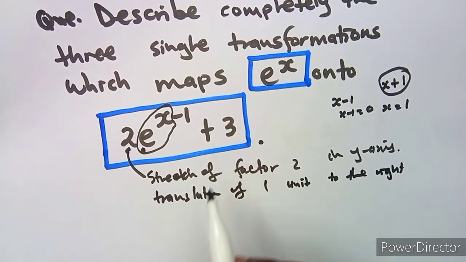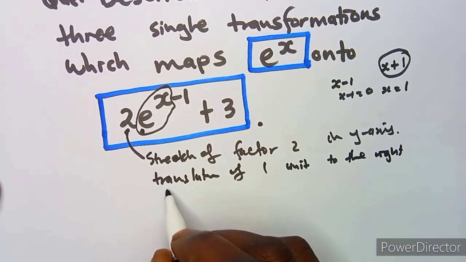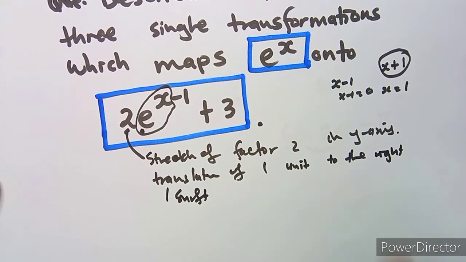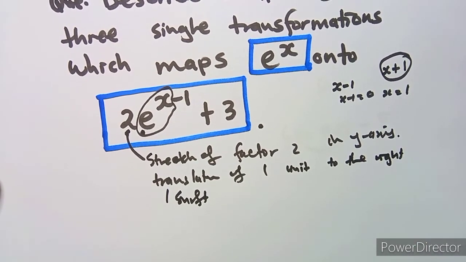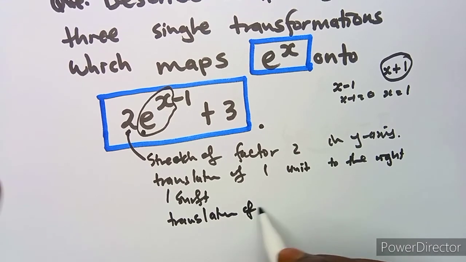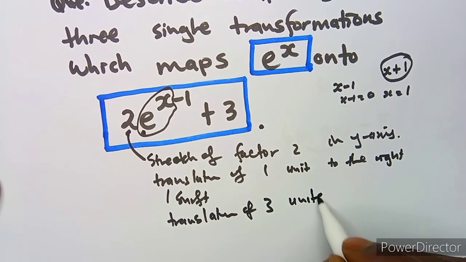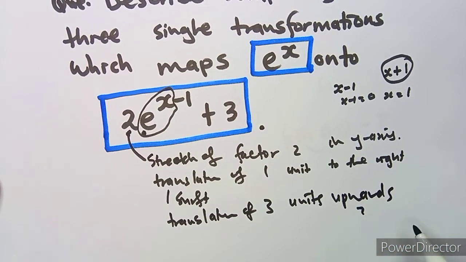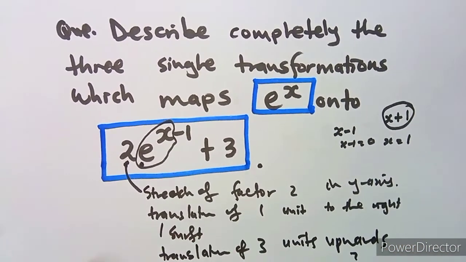Then this one also is a translation, which is simply a shift of 3 units. It's one and the same thing. So this one is a translation of 3 units upwards, or a shift of 3 units upwards. Simply one and the same thing. So that's what you have there.